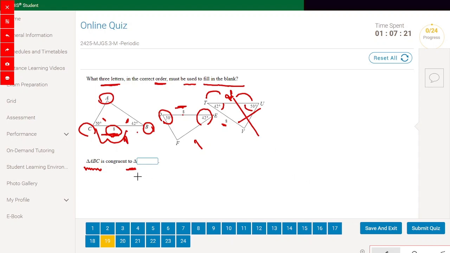So this triangle is congruent to this triangle.